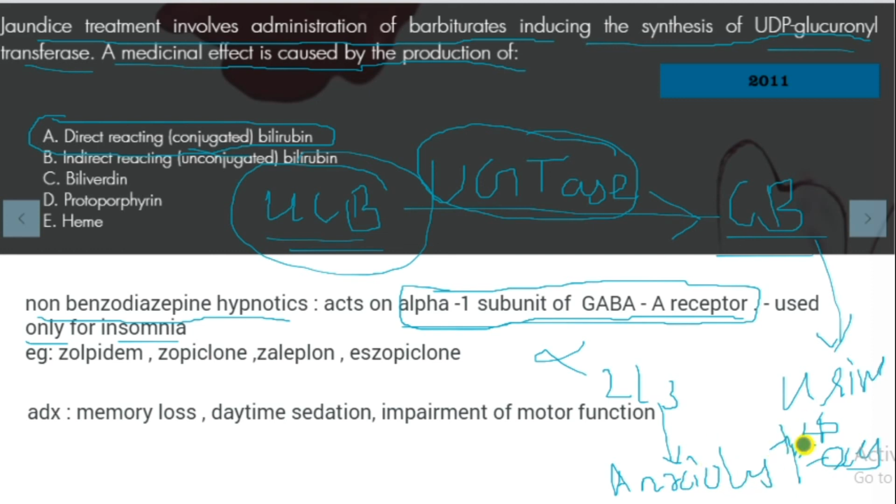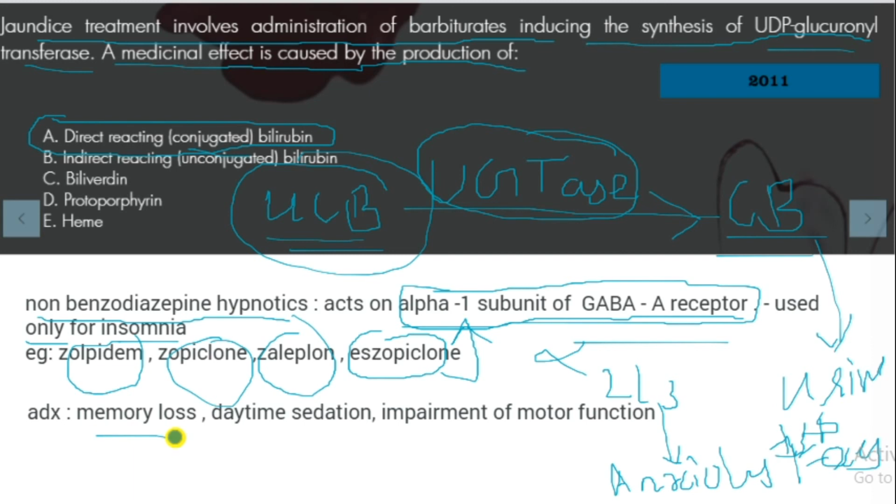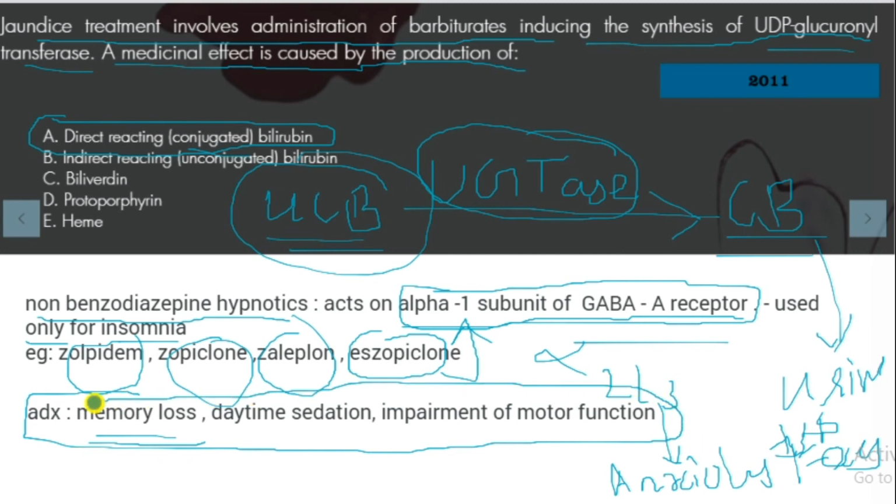So these drugs, zolpidem, zopiclone, zaleplon, eszopiclone act on the alpha 1 subunit of GABA receptor. Adverse effects: memory loss, daytime sedation, impairment of motor function.